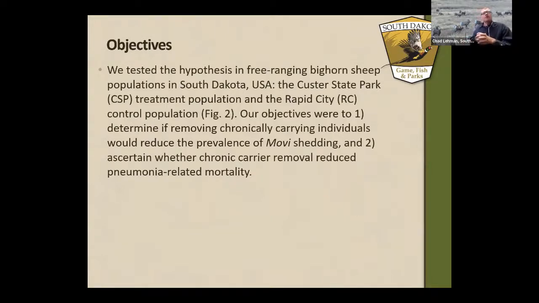And so what we had was a treatment population in Custer State Park, and comparing that with our Rapid City control population. And our objectives were to determine if removing chronically carrying individuals would reduce the prevalence of mebile shedding, and ascertain whether chronic carrier removal reduced pneumonia-related mortality.